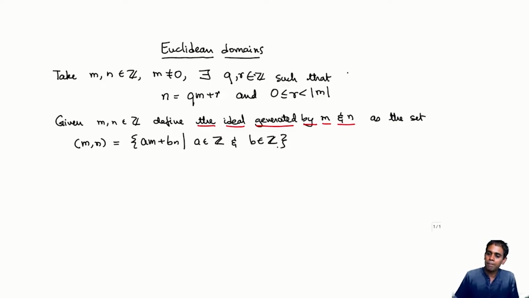Okay, and we can also talk about the ideal generated by a single element. Ideal generated by m is just am, a belongs to z, all integer multiples of m.